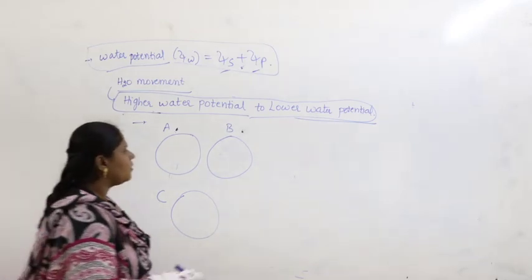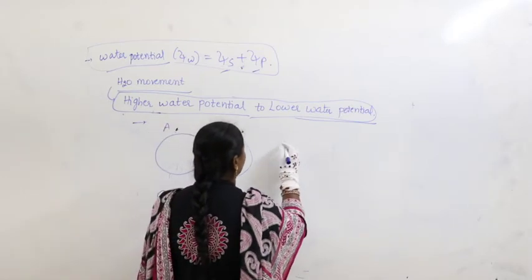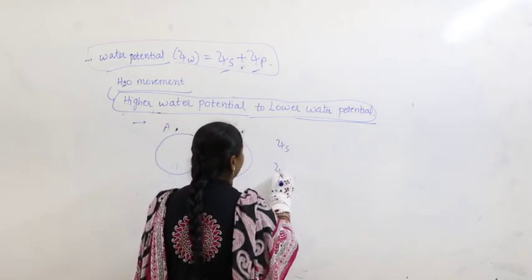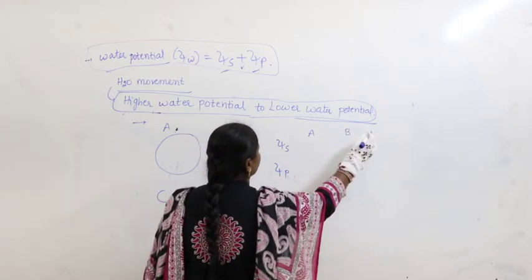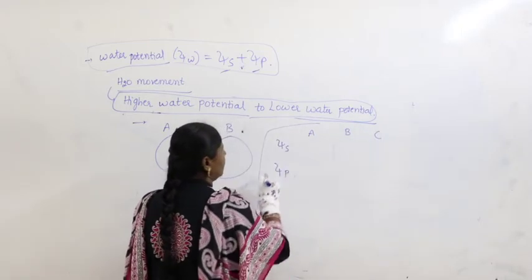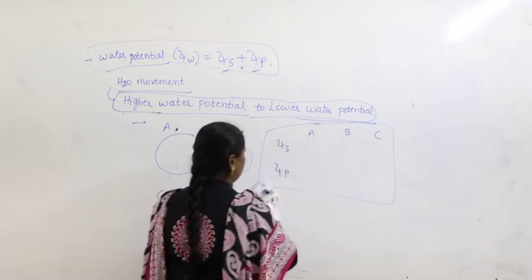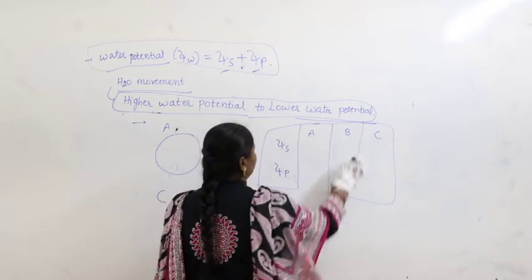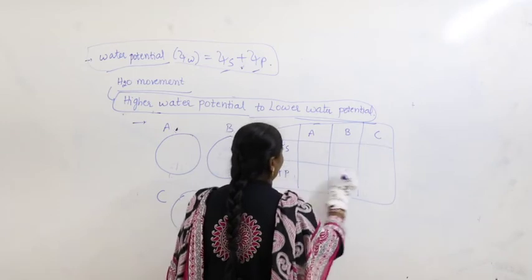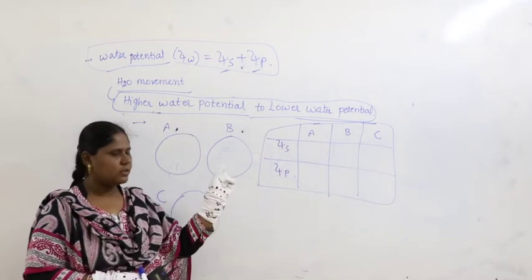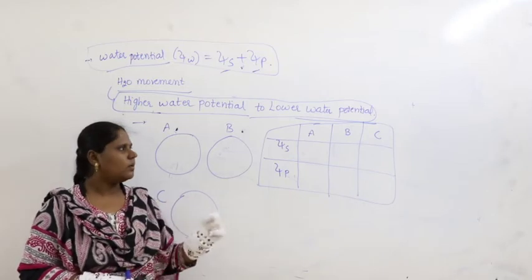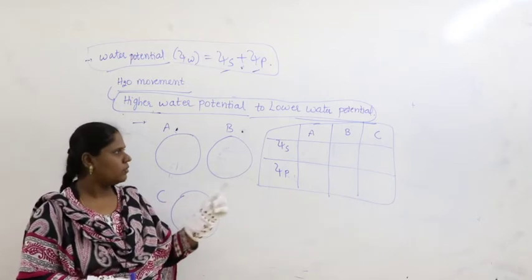They will give you the values of solute potential and pressure potential for A, B and C. They will not give this in a table, they will give it in the question in theory form. After understanding the theory form, you have to note it down clearly.